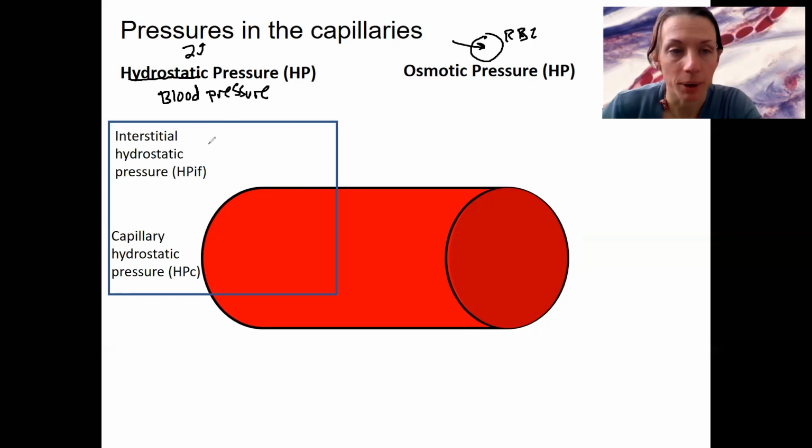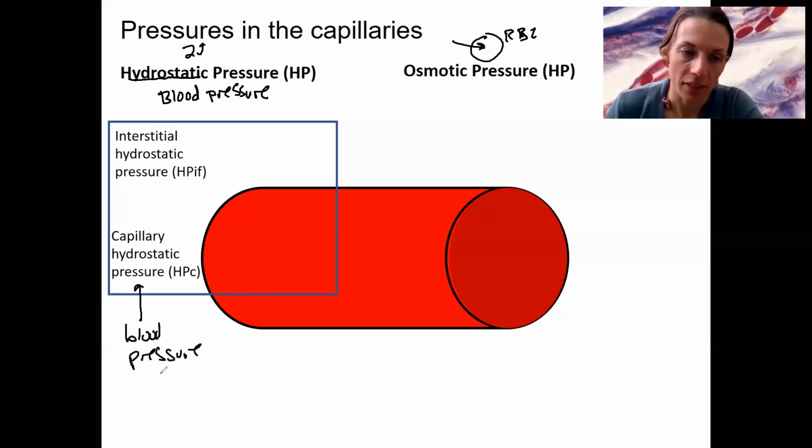It's typically pretty low, but it's something. Capillary hydrostatic pressure, this is what's in the blood at the capillaries. So this is blood pressure at the capillaries. At the arterial end, this is going to be important. It's important always, but it's going to be the main driver.